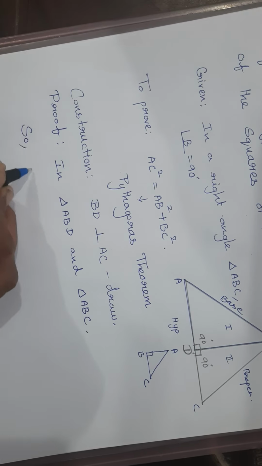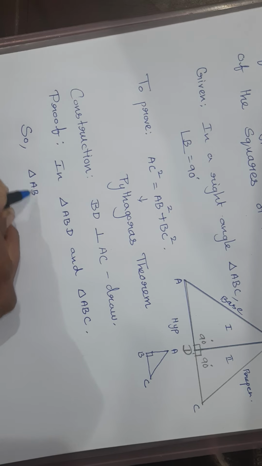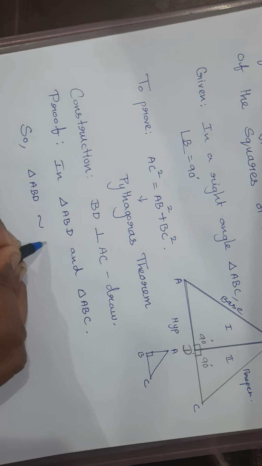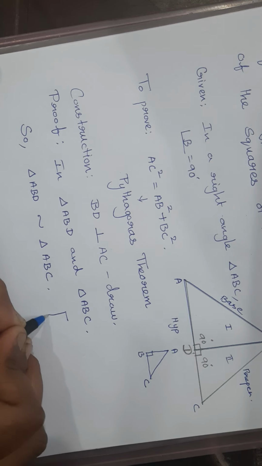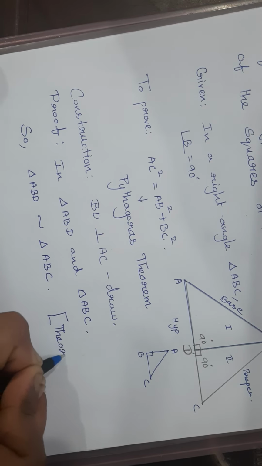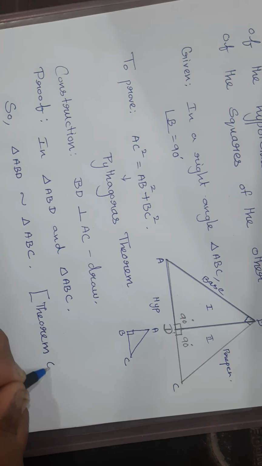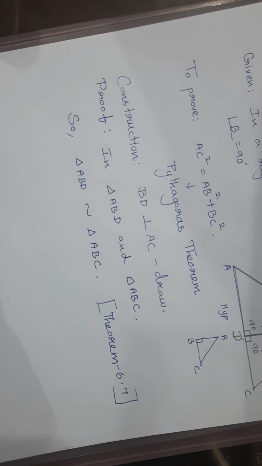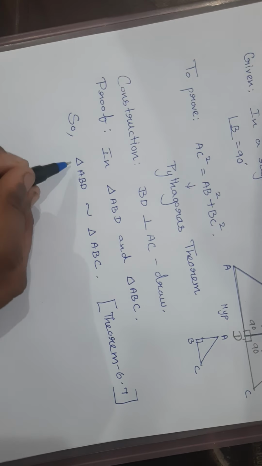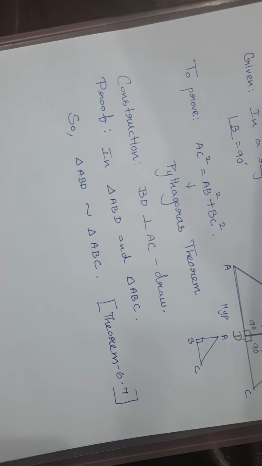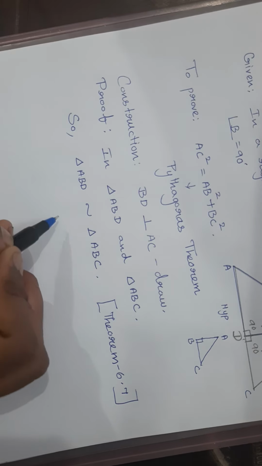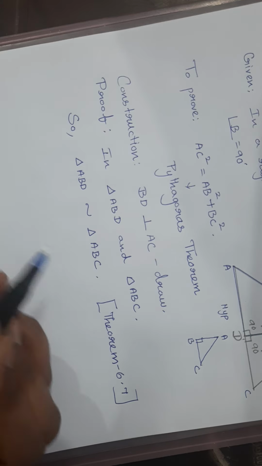So triangle ABD is similar to triangle ABC, by theorem 6.7. From this, you have to do the split ups. You take the hypotenuse, base, and perpendicular.